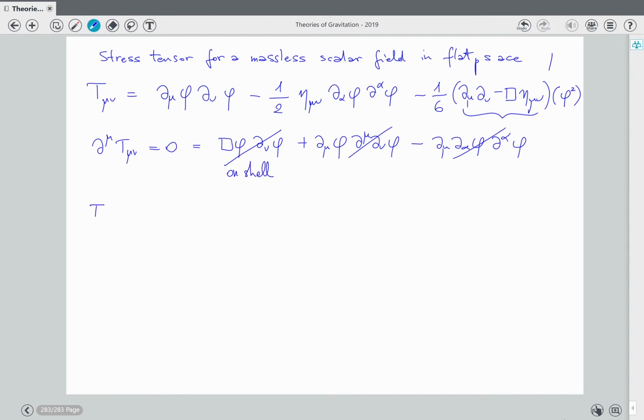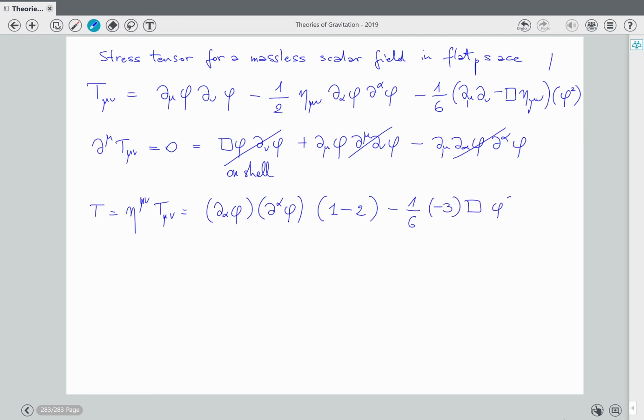Trace: eta mu nu T mu nu. When we trace these two, we have partial alpha phi partial alpha phi times 1. When you trace the second term, you will have 4 divided by 2, so minus 2. And then you have minus 1/6. And when you trace this object here, what you have is partial mu partial mu, a box, minus 4 box, so minus 3 box of phi squared.